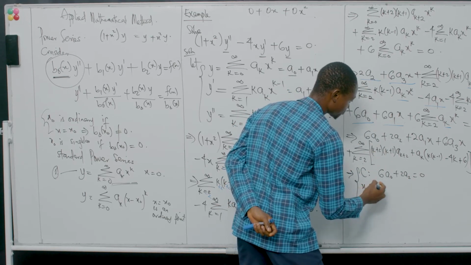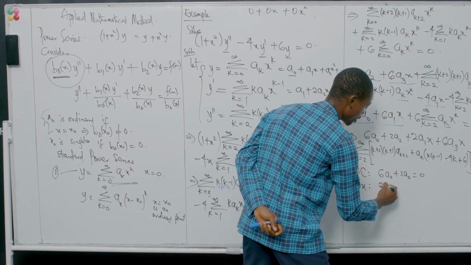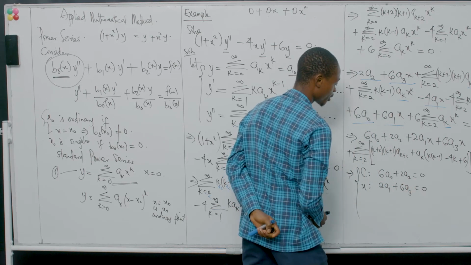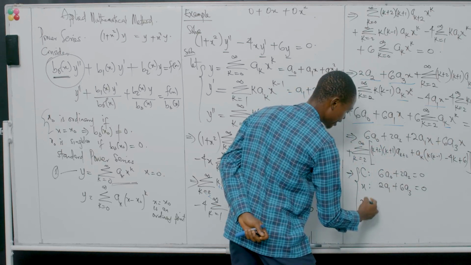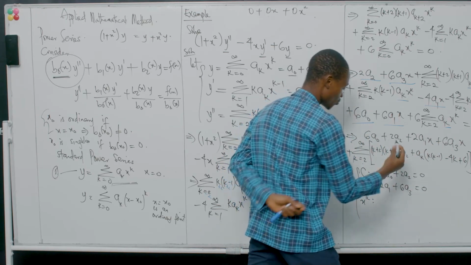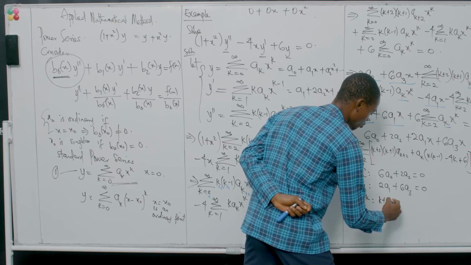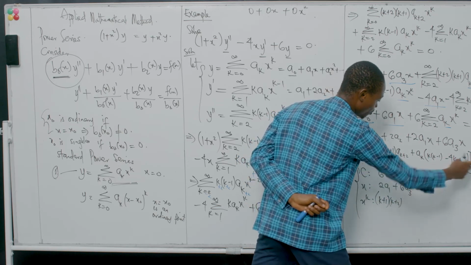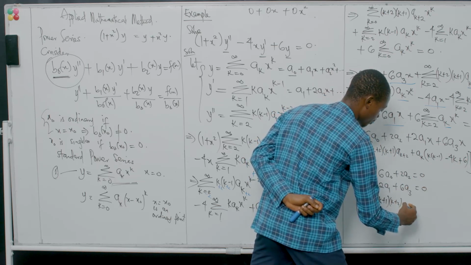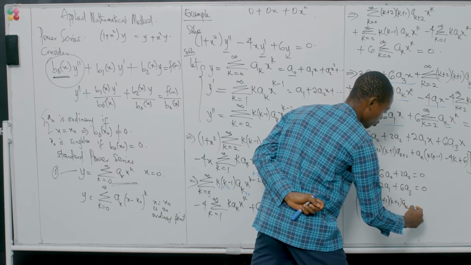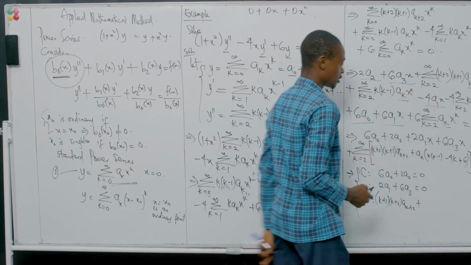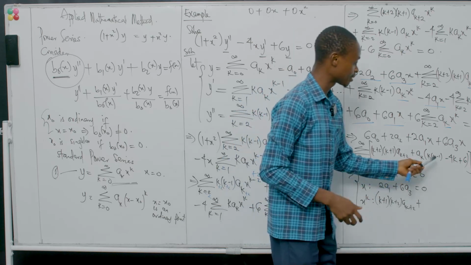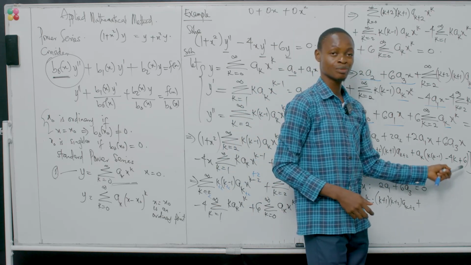The x part, that will be what? 2a1 plus 6a3 is equal to 0. Then the x raised to k part, we will now have (k+2)(k+1) a_(k+2) plus, let's see if we can combine all of this together, k squared minus k minus 4k plus 6.